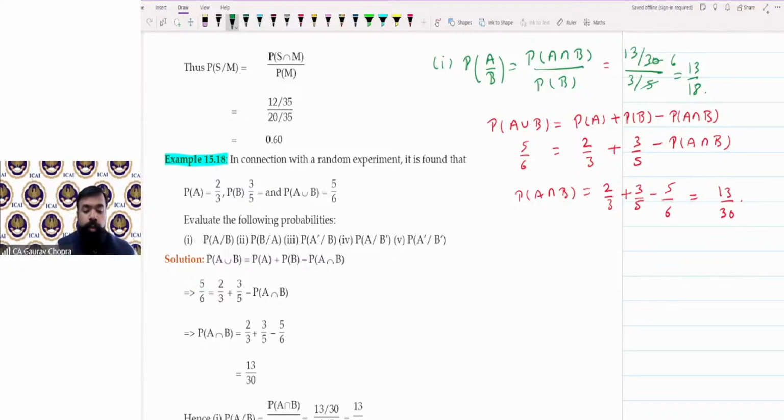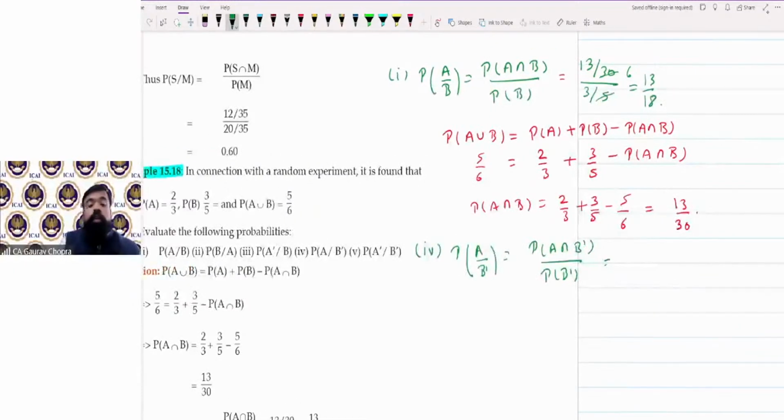Similarly, you can calculate the second part, third part. So let me take the fourth and fifth portions. The fourth one is A upon B dash. The formula will be A intersection B dash upon P of B dash. Now, what is A intersection B dash? We have covered it in the formulas.